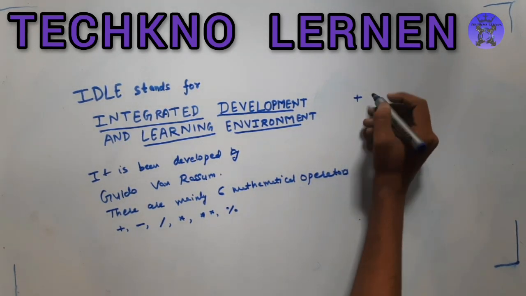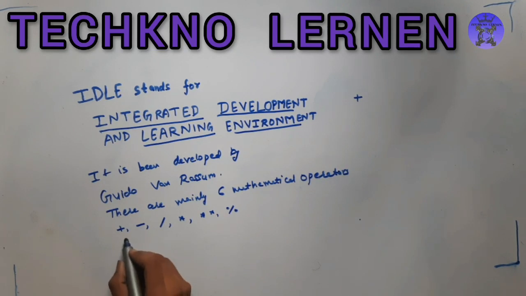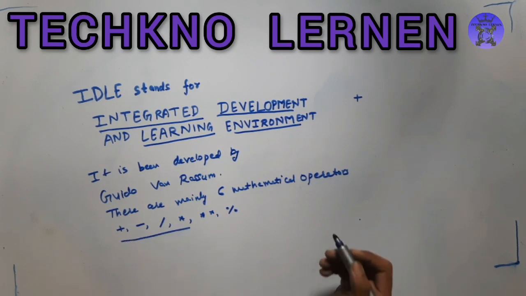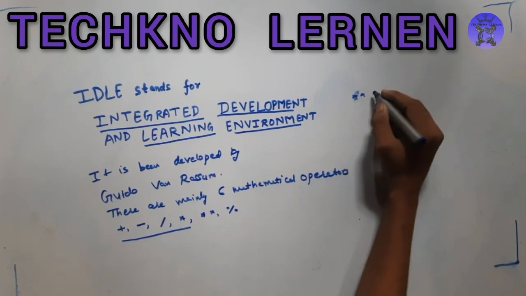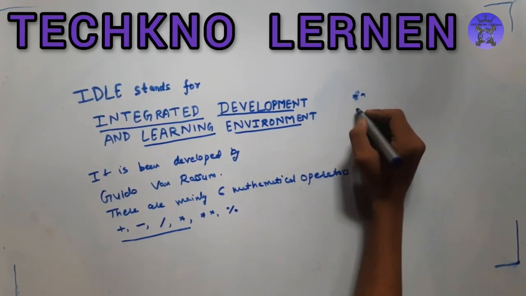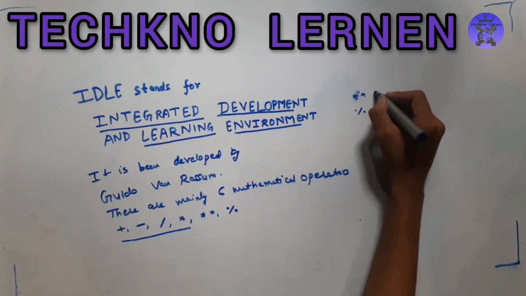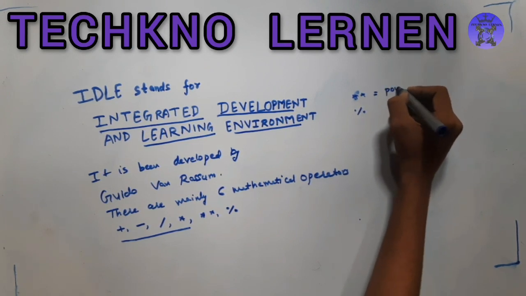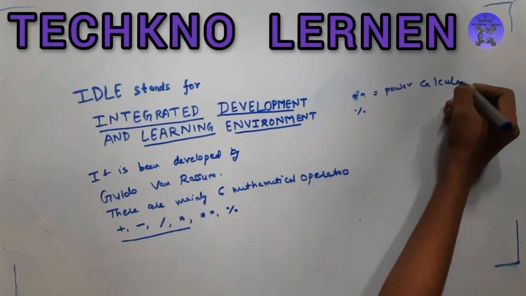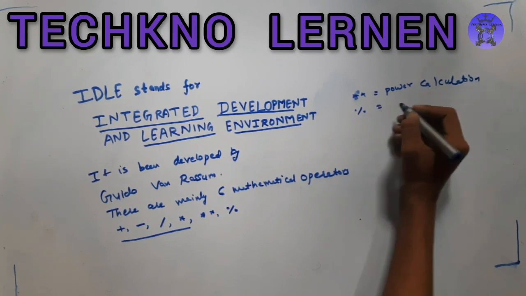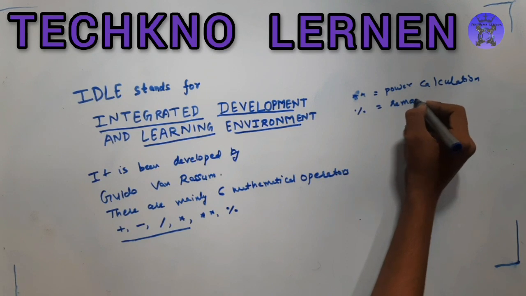We already know about the first 4 operators. So just moving to the last 2 operators, one is the power operator, and the other is the modulo operator. This is for power calculation, and this is for remainder calculation.